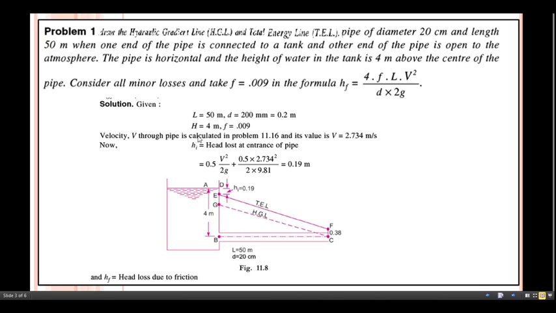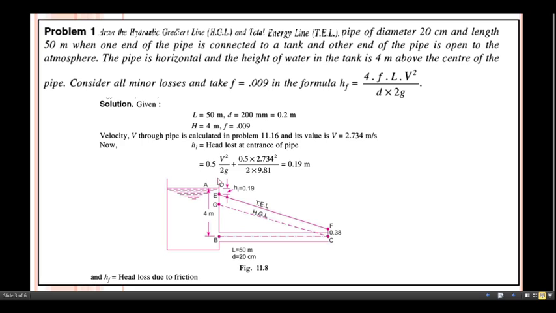Velocity V through the pipe is already calculated as per our discussion. Its value is V equals 2.734 meter per second.